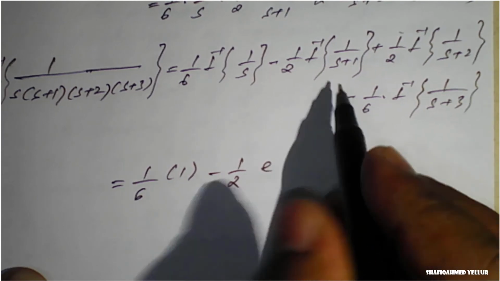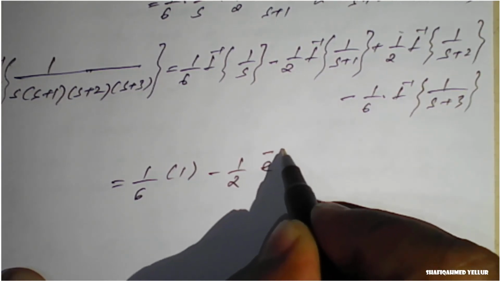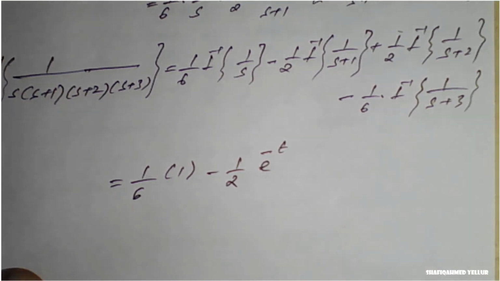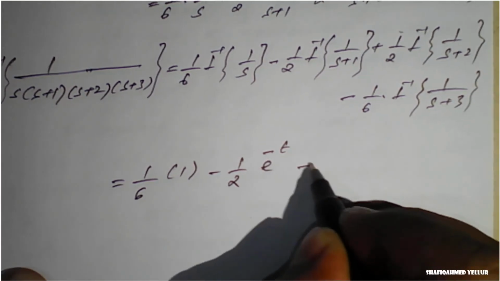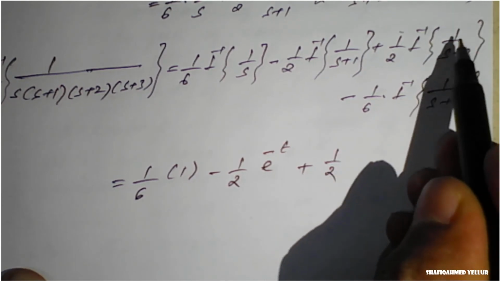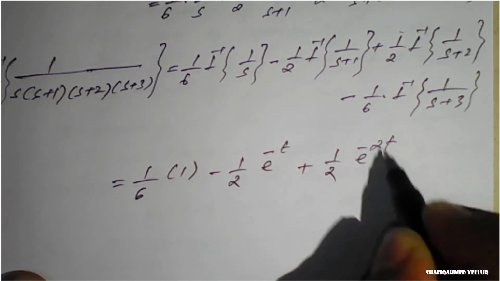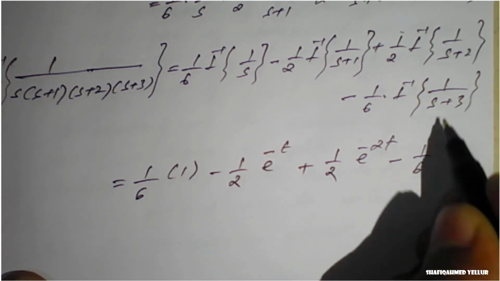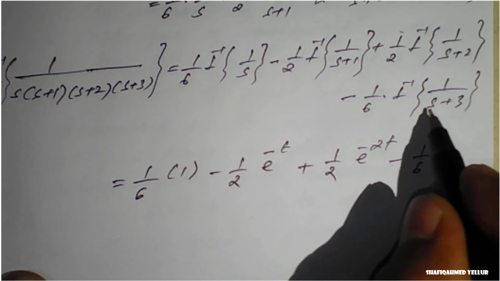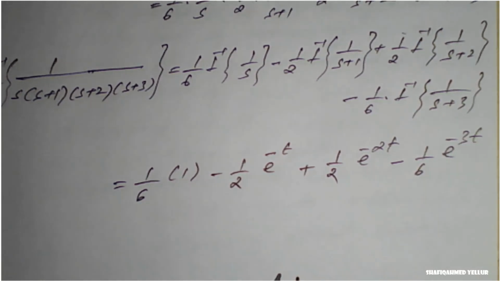Here a value is 1, so it will become e raised to minus t, plus 1 by 2 as it is, inverse Laplace of 1 upon s plus 2 is nothing but e raised to minus 2t, minus 1 by 6 into inverse Laplace of 1 upon s plus 3 is nothing but e raised to minus 3t. So this is the required solution.